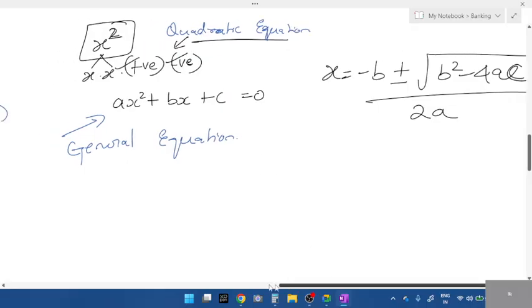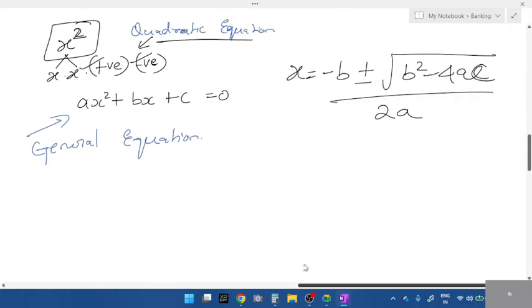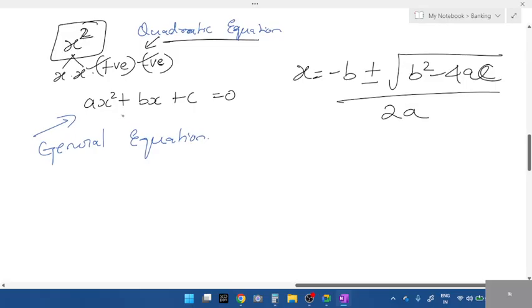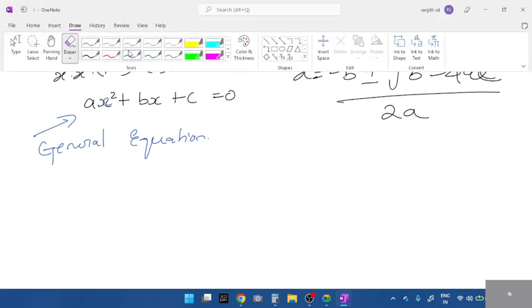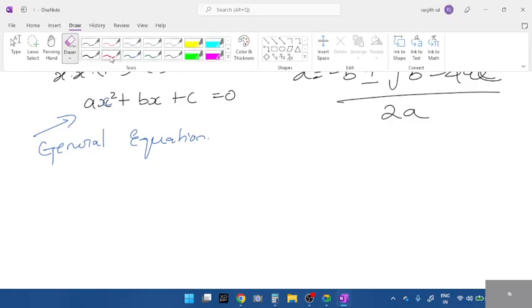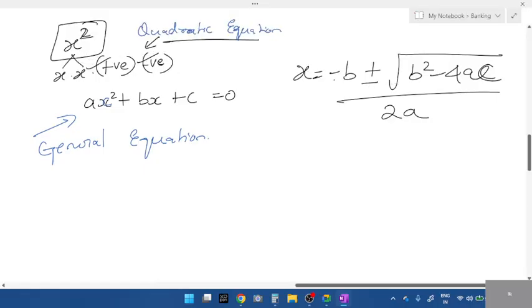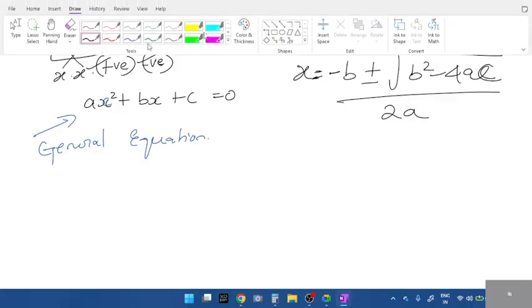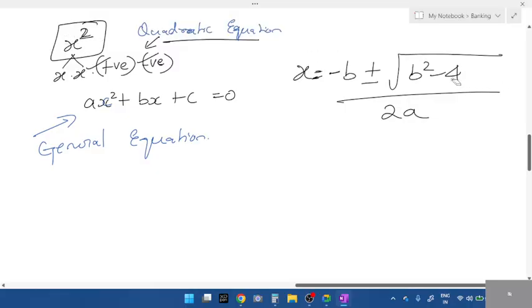First write this, then you can write the sum. This is the Sridharacharya formula. Okay, the name is not required. He is a mathematician. He was the one who found this formula to find the value of x: minus b plus or minus square root of b square minus 4ac by 2a.